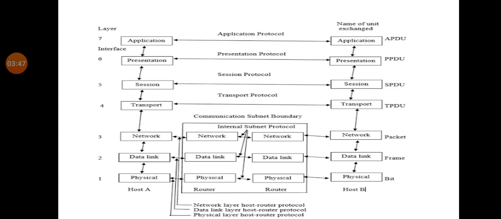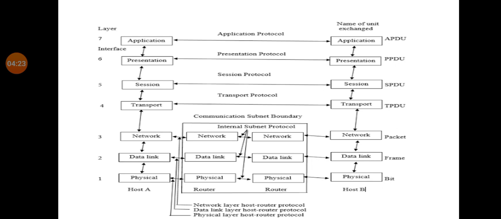Then the last and most important function of the physical layer is that it decides whether the transmission is simplex, half duplex or full duplex. We have already studied simplex, half duplex and full duplex in previous videos. Once again I repeat here: simplex means transmission is only one way. Half duplex means transmission is in both ways, but one way at a time; two-way transmission at a time is not possible.